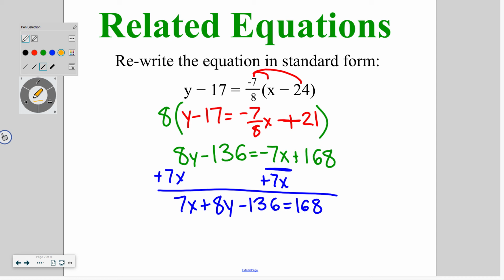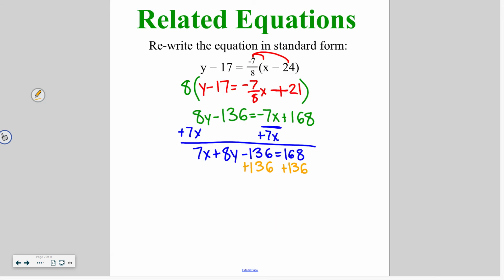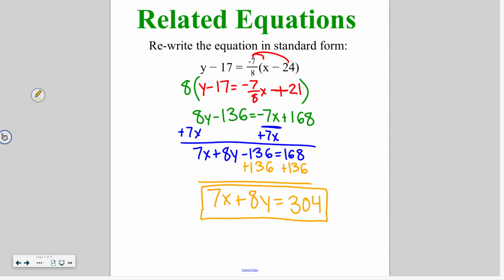And to finish out my problem, I need to move 136 to the other side, so I'm going to add 136, and when I do this, I get 7x plus 8y is equal to 304. Again, x is positive, x or y exists, no fractions or decimals, and we cannot simplify.